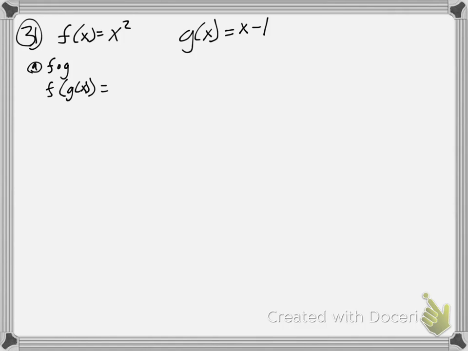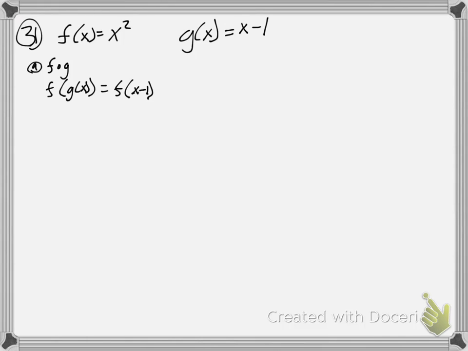They tell me that f of x is equal to x squared, and they tell me that g of x is equal to x minus 1, and they want to know a series of compositions. The first one being they want to know f of g, which I would then rewrite as f of g of x, which is f of my g of x, which is x minus 1.